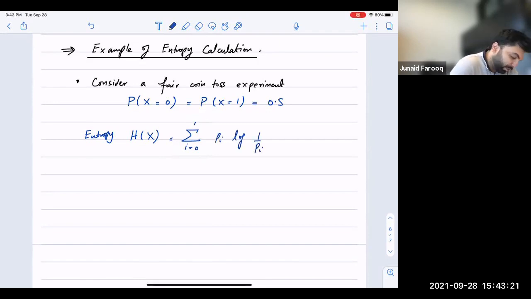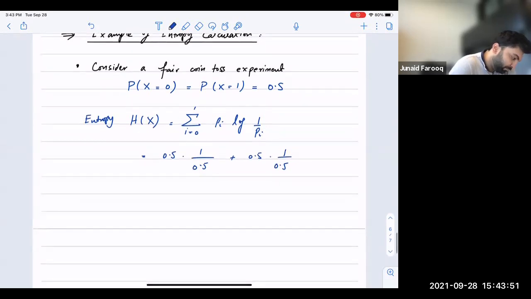So the first probability is 0.5 times 1 over 0.5 plus 0.5 times 1 over 0.5, right? So 1 over 0.5 is basically, oh, there's a log here. Oops.